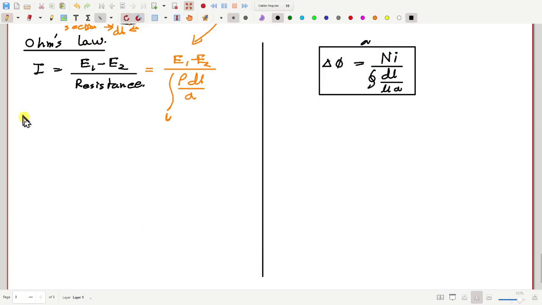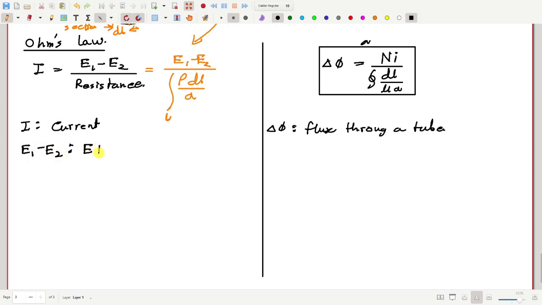So here I is current, here delta phi is flux through a flux tube. Here the current is through a conductor. And then E1 minus E2 is the EMF between the two ends of the conductor, the potential difference. Analogously, in this equation, the term in the numerator, Ni, is called MMF, magnetomotive force.